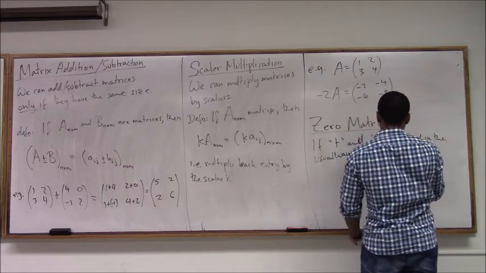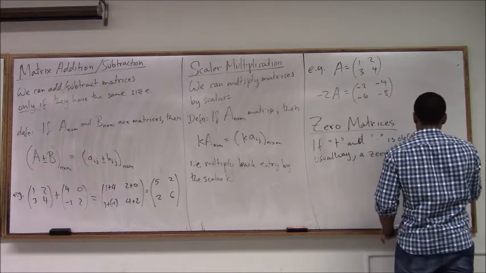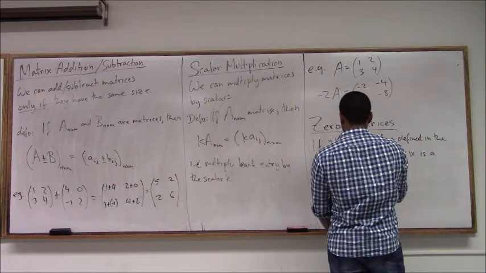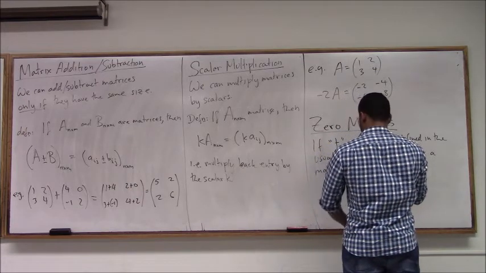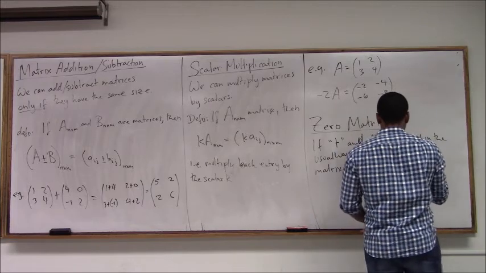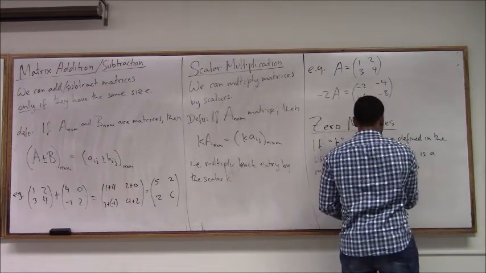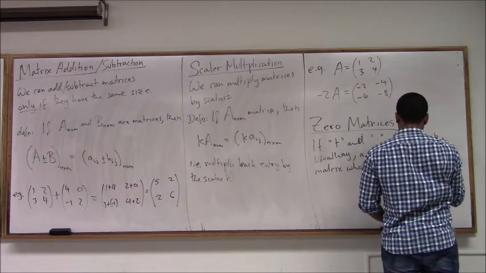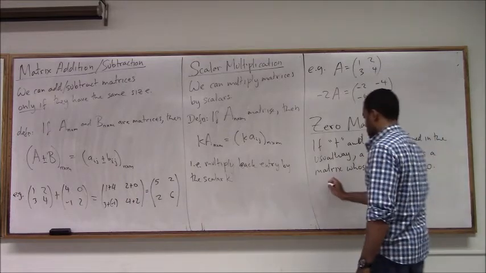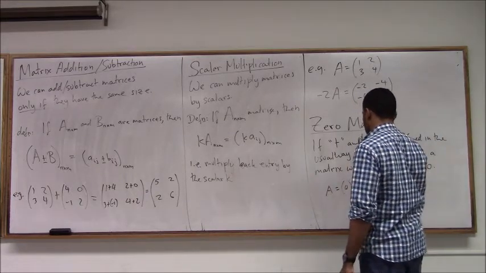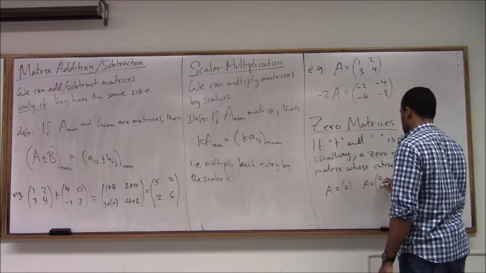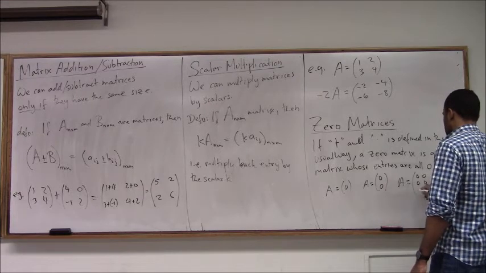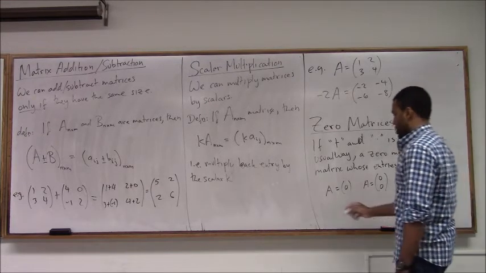A zero matrix is the matrix where, for example, A equals 0, or A equals 0, 0, or A equals a matrix of all 0s. Those are zero matrices.